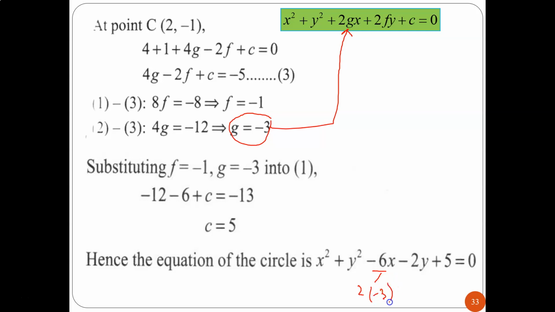This is your g. And this is your f. So for your f, you substitute 2 times f. F is -1, that's why you get negative over here, -2y. And your c, you got it as 5. That's why this is your c. So you got the whole equation, the general form equation.